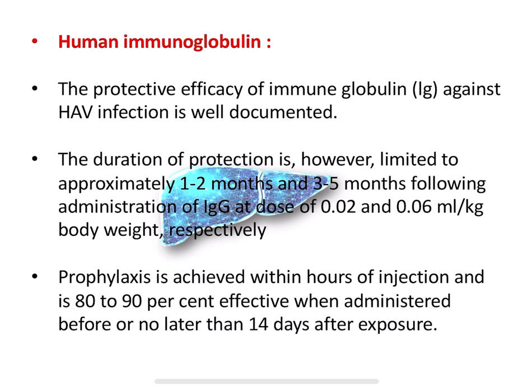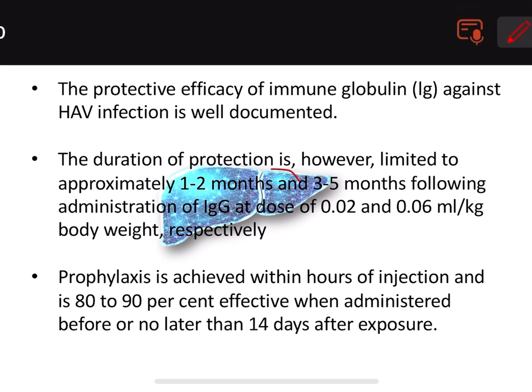The duration of protection is, however, limited to 1 to 2 months, and 3 to 5 months following the administration of IgG at a dose of 0.02 and 0.06 ml per kg body weight respectively.